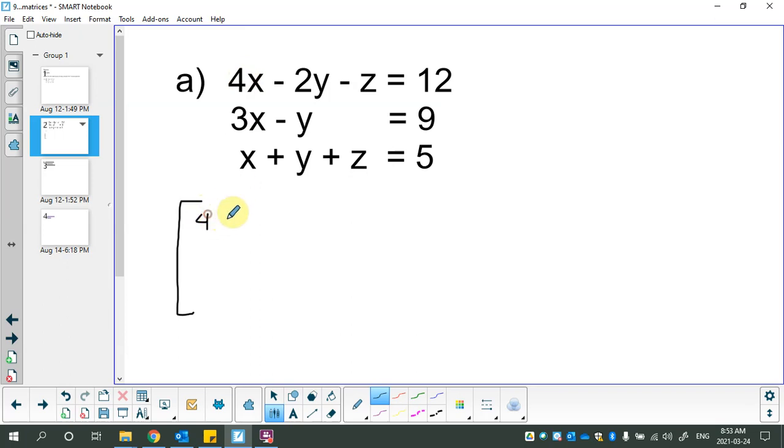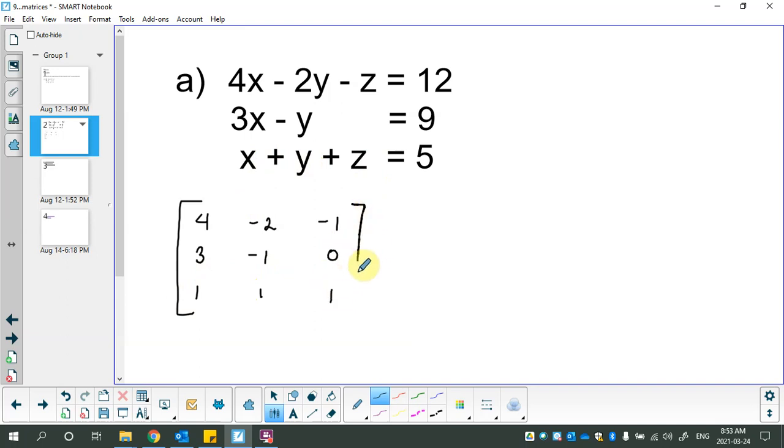So I can put 4, then over a little bit, -2, then over a little bit, -1, then in the second one, 3, over a little bit, here's the y, over a little bit, placeholder 0 for the z. So that's kind of like long and synthetic division, if you think about it. Don't think about it too hard, because it's completely different. And then 1 for the x, +1 for the y, +1 for the z.